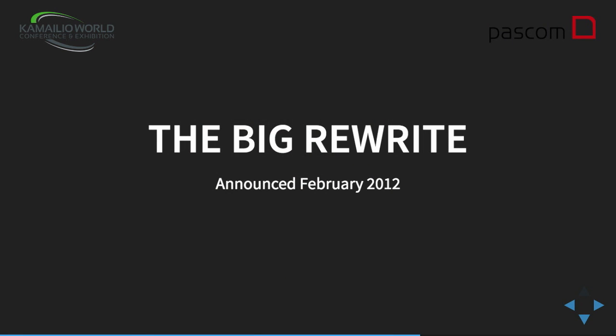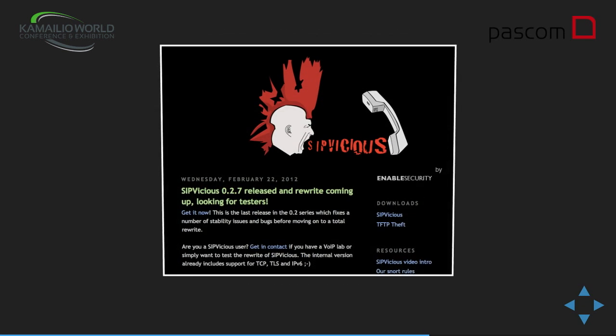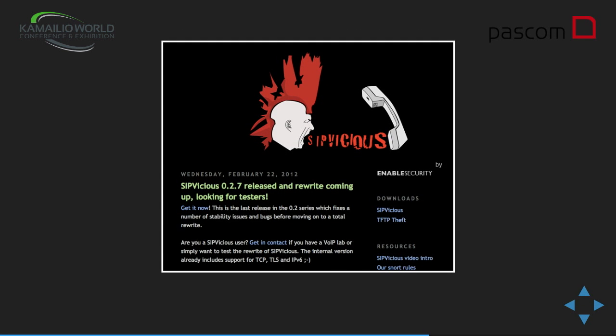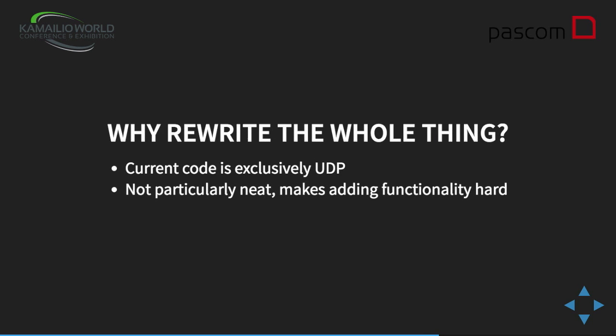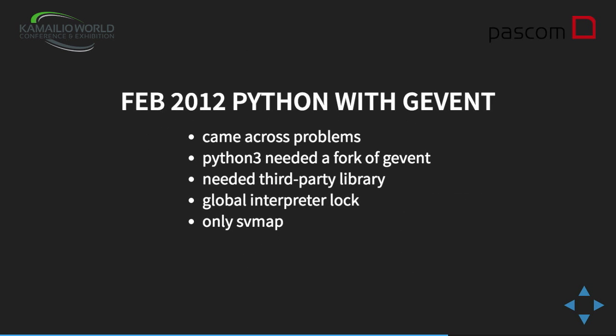At one point, I decided I wanted to rewrite the whole thing. So I issued a notice. The reason was that I couldn't upgrade this to support TCP and TLS and IPv6, which I really wanted to support. But my attempts failed.